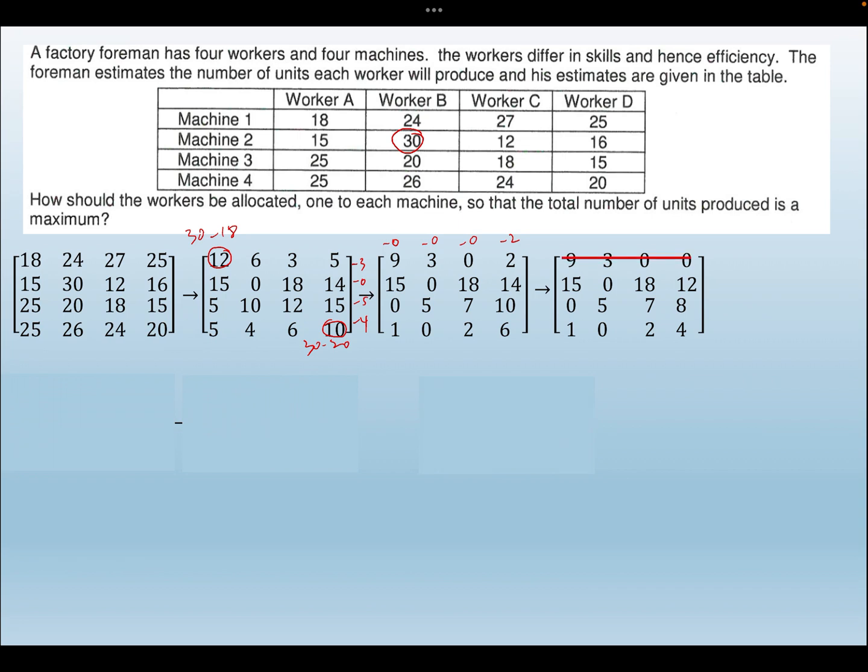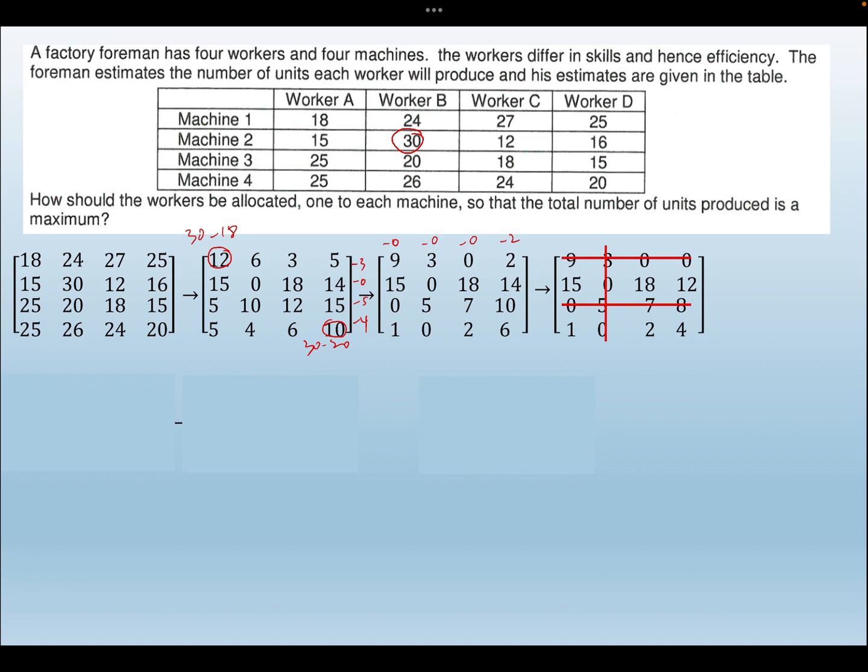Cover all the zeros. Let's have a look. I'll start off with this line, and then the column with 2 zeros, and the row with 1 zero. Of course, you can observe that that's only 3 lines, and we need a 4 by 4 matrix, so we need 4 lines.